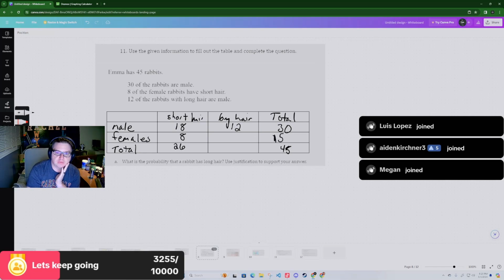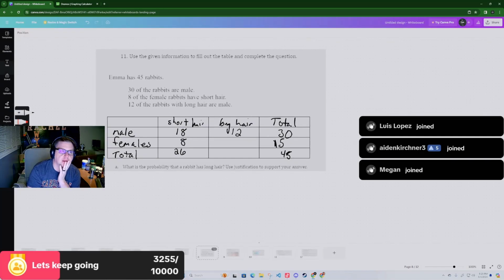So that last piece of information I did need, because that got me my 15 here, which gives me my 7 there, which gives me my 19 here. And if you add all these together, they should all come out to 30, 15, 45, 26, 19, 45. We're good. What is the probability that a rabbit has long hair?